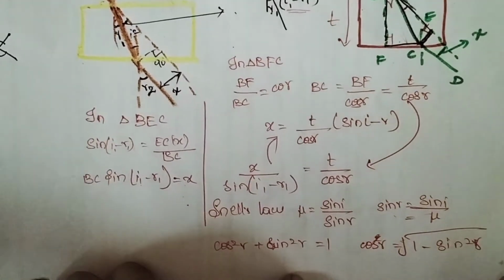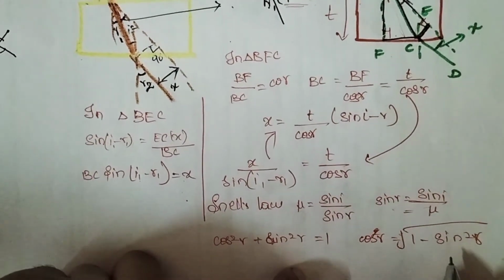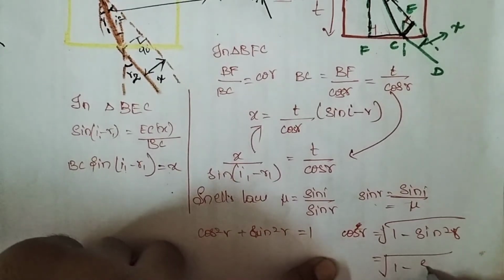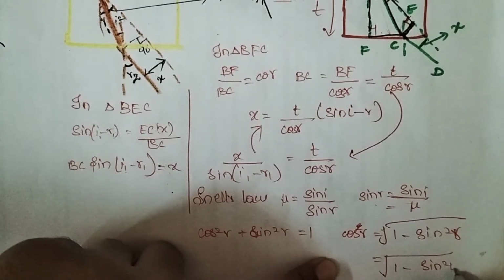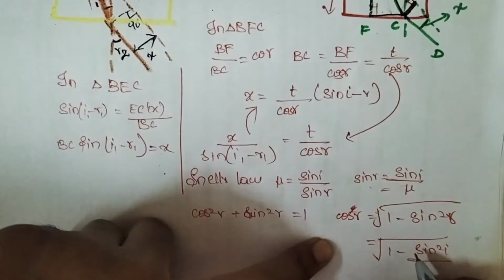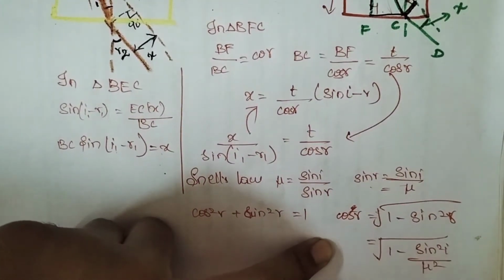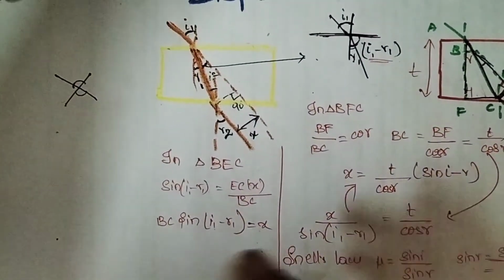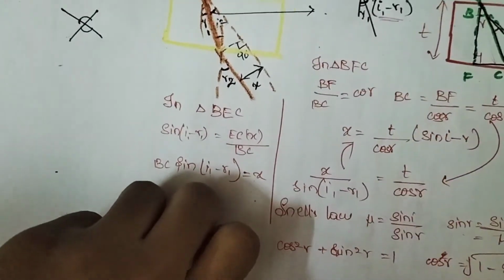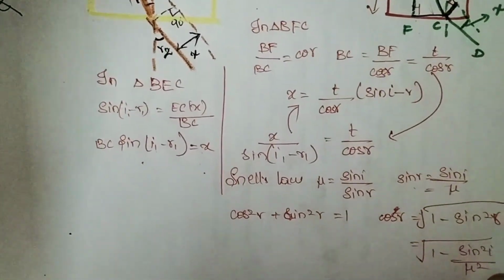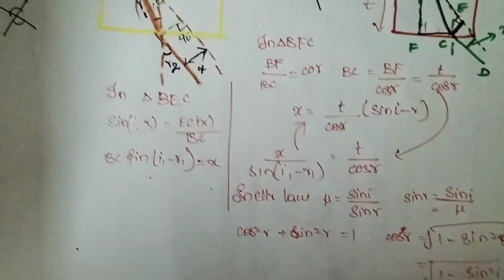This one. Correct? So cos r can be written as root of 1 minus sine square i by nu square. We got the cos r value. Note this value. Note these formulas clearly, children. Step by step, you should not get confused.